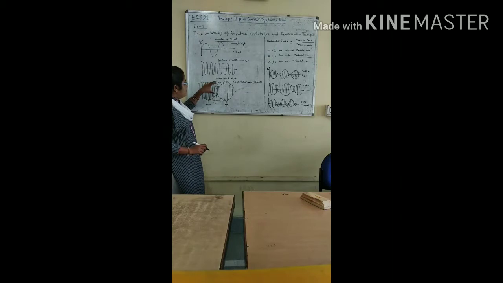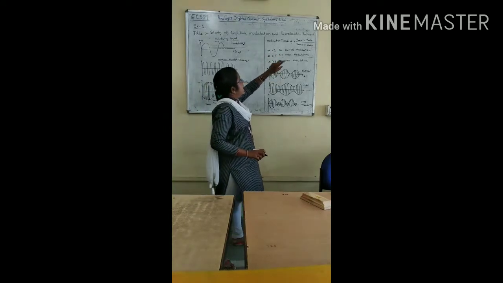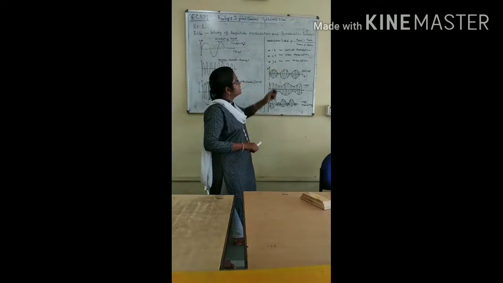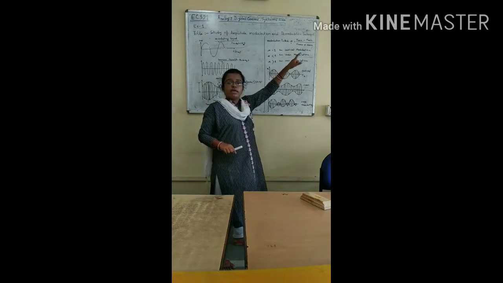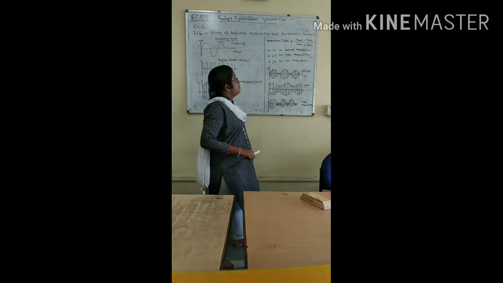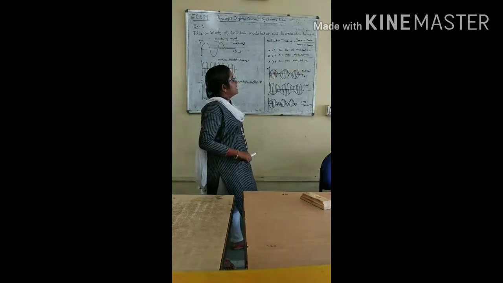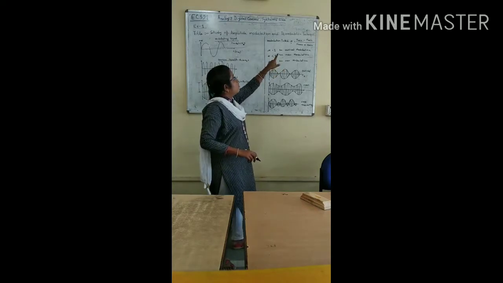Then we need to measure Vmin and Vmax. The modulation index equals Vmax minus Vmin divided by Vmax plus Vmin. This is the expression relating Vmax, Vmin and the modulation index.